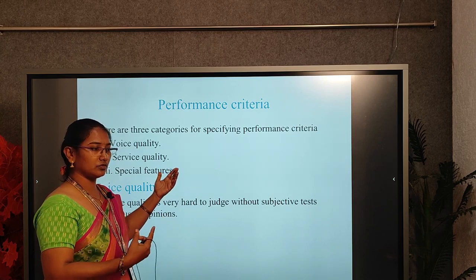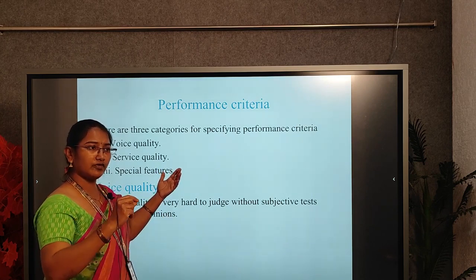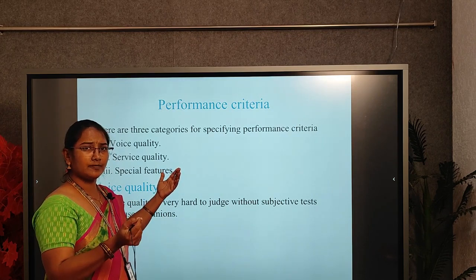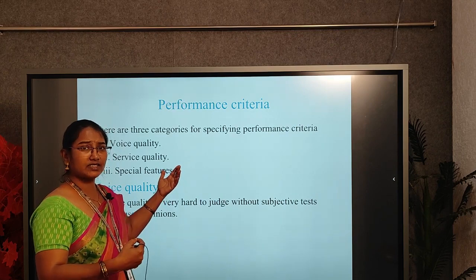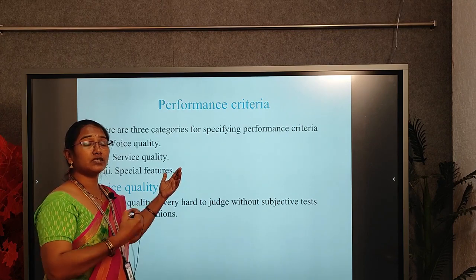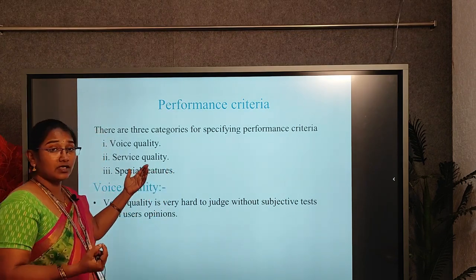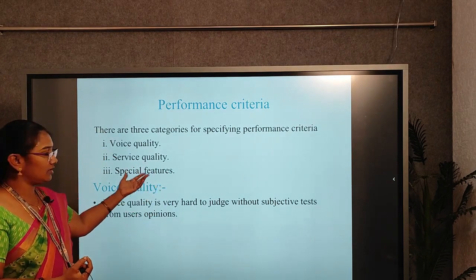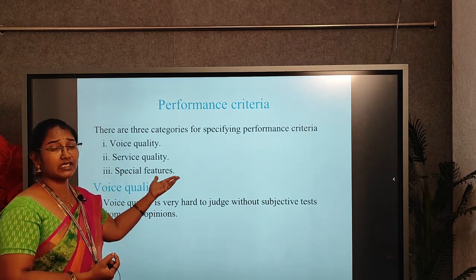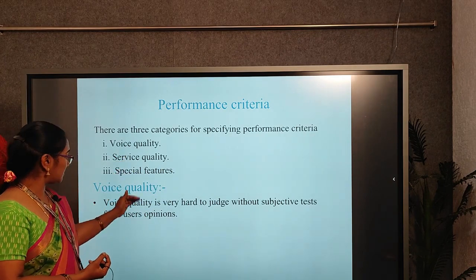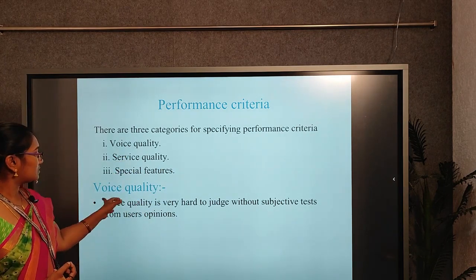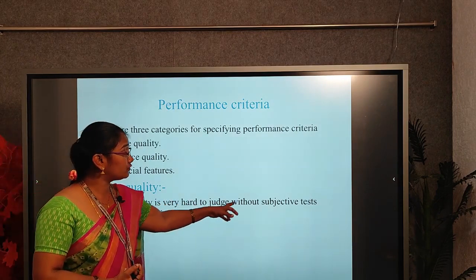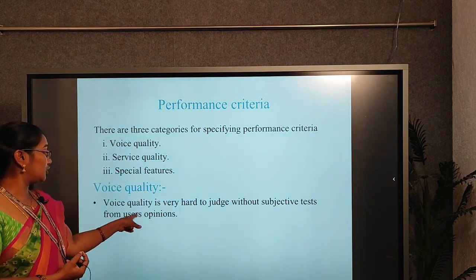Suppose you are making a call, in a few seconds the channel is assigned, that is the service. Within a short time the service should be done, that is a good service. Next, special features. Different types of special features are there in cellular mobile communication, that we will see in the next slide. Voice quality is very hard to judge without a subjective test from user opinions.